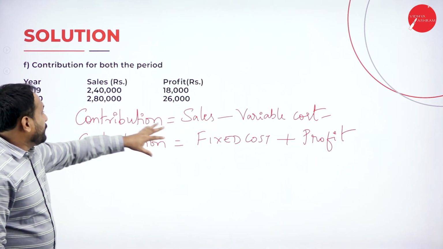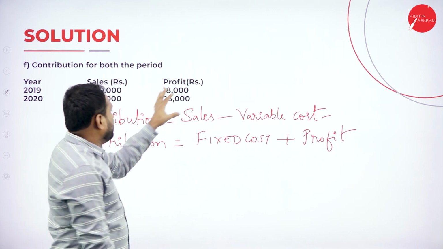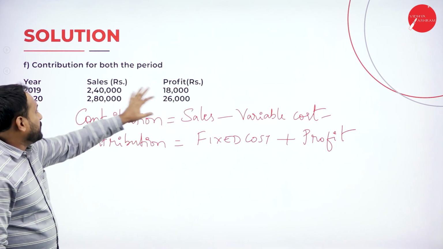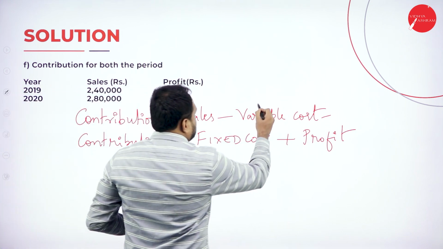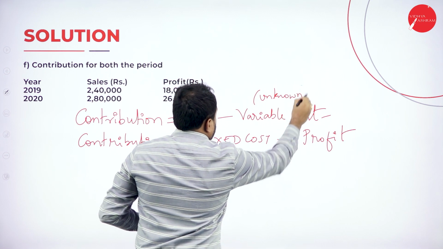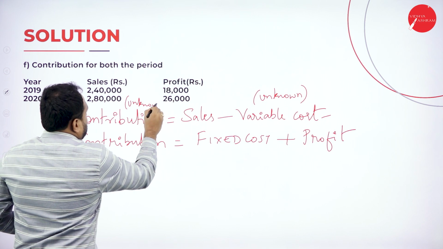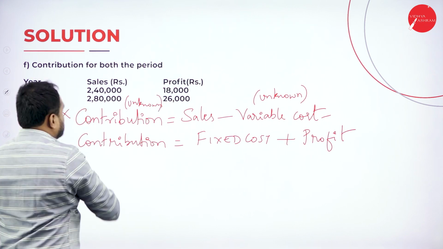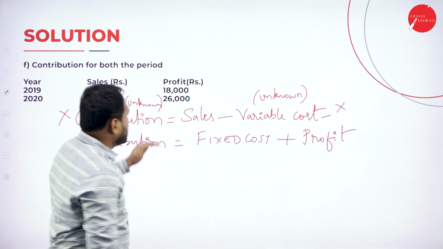Now understand, we have questions where they have given 2019, 2020 sales and they have given profit. That means they have not given us variable cost. So if variable cost is unknown and contribution is also unknown, we can't find it through this formula. So this formula is wrong.